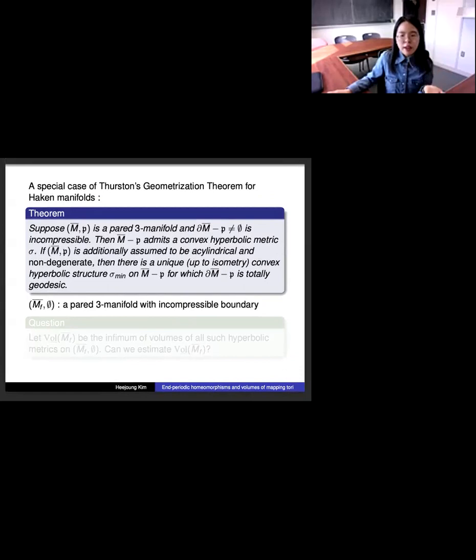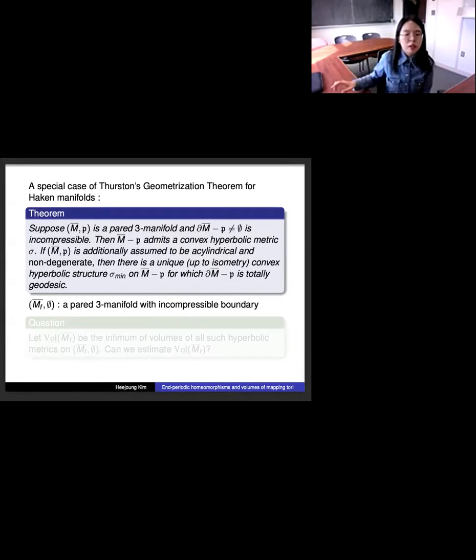Then if F is a reducible and periodic homeomorphism, then the compactification of MF is actually a paired three manifold. And the pairing locus is just the empty set. And it is a paired manifold with incompressible boundary. So the compactification actually admits a hyperbolic metric.